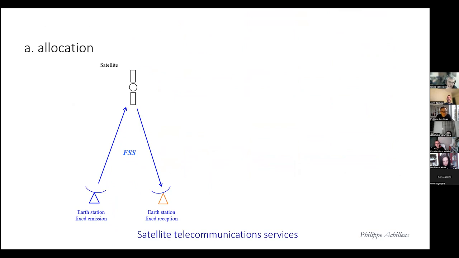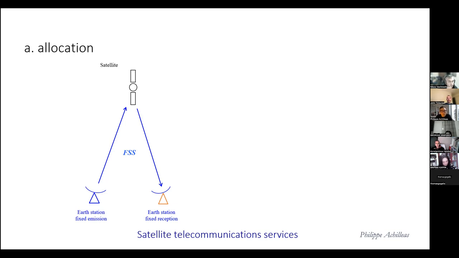We have first what we call the fixed satellite service, that is to say, a transmission of information from a fixed station to a fixed reception station, okay? So it's from one point to another one.